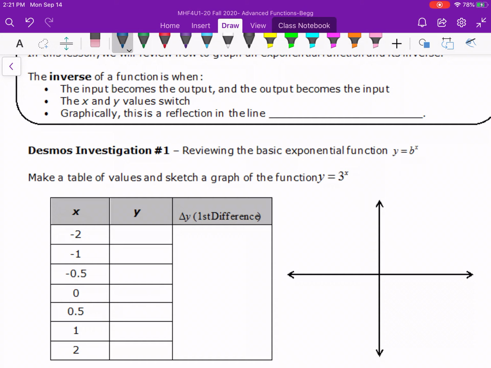Graphically, this looks like a reflection in the line y equals x. Okay, so that's just a quick recap of exponential functions, since that's going to be something that we have to refer to in this lesson.